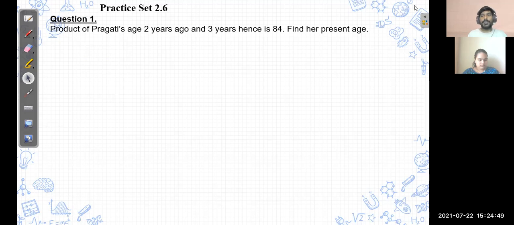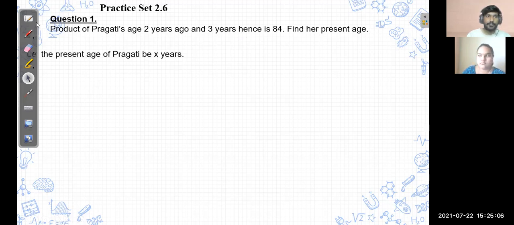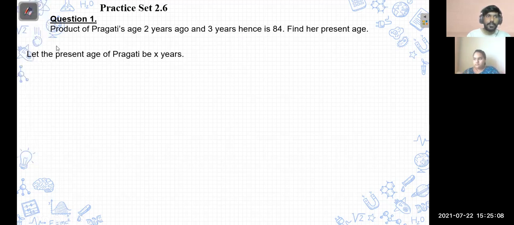What do you mean by product? Multiplying, yes. So the product of Pragati's age 2 years ago and 3 years after is 84. You have to find her present age. So let her present age be x.